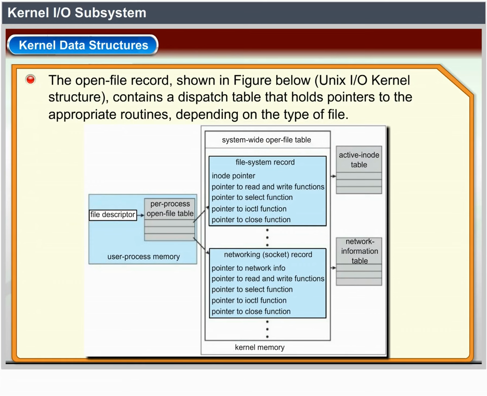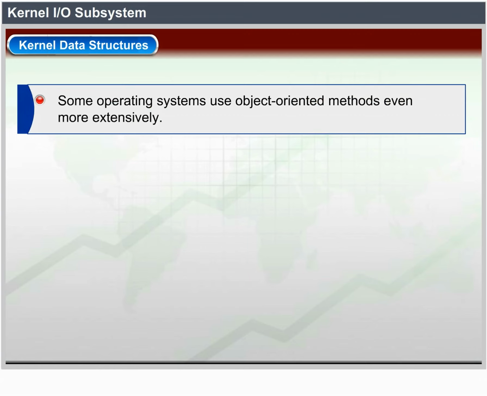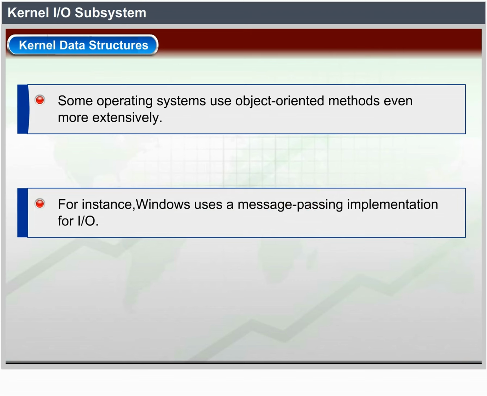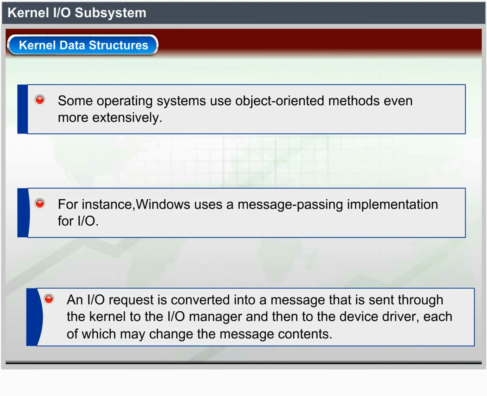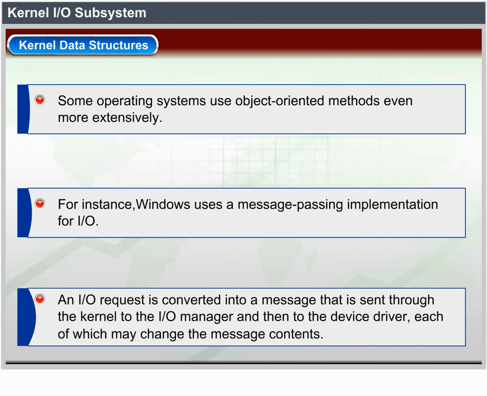Some operating systems use object-oriented methods even more extensively. For instance, Windows uses a message passing implementation for input-output. An input-output request is converted into a message that is sent through the kernel to the input-output manager and then to the device driver, each of which may change the message contents.